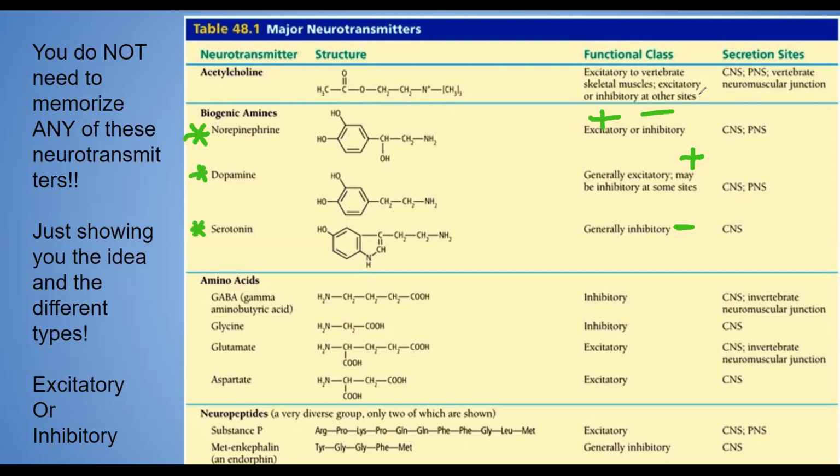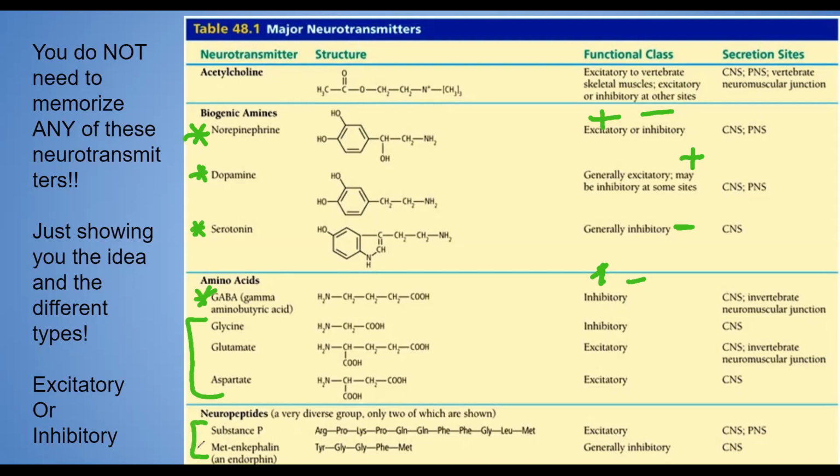And if we keep going down here, we have some lesser known neurotransmitters. We have GABA, which is going to be inhibitory, so it's going to be a negative effect. Glycine, glutamate, aspartate. We'll talk about these a little bit later on in other lectures. And then we have these other ones that are classified as neuropeptides.